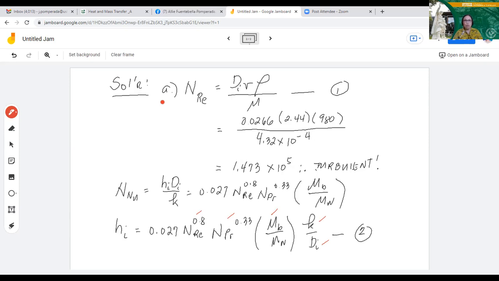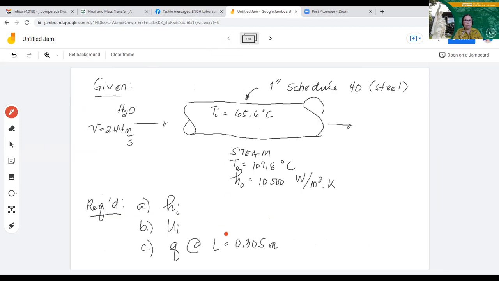So where will we be getting this particular viscosity based on the wall temperature? This wall temperature, by the way, will be based on the temperature of the steam. So let me go back to the previous page. So we have steam here, and this is the wall.